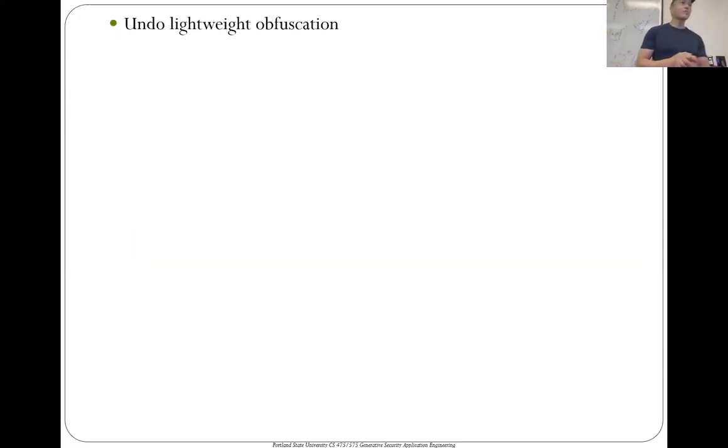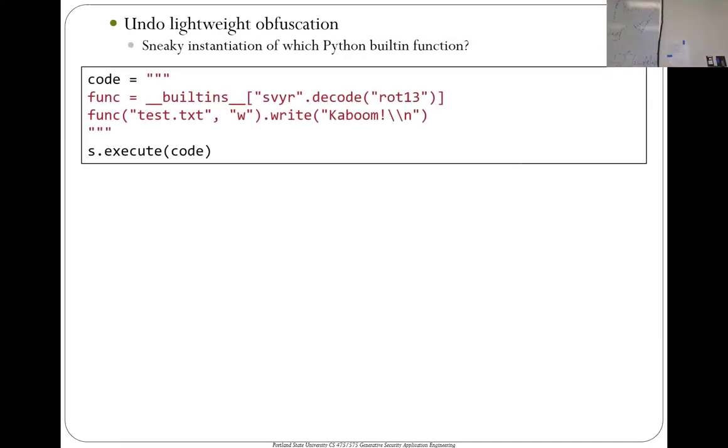Here are some other deobfuscation tasks I'm going to have you look at. Here's an example: a sneaky instantiation of a Python built-in function. What built-in function is it trying to invoke, just from the method names? It's taking this name and saying, this is a pointer to the built-ins.